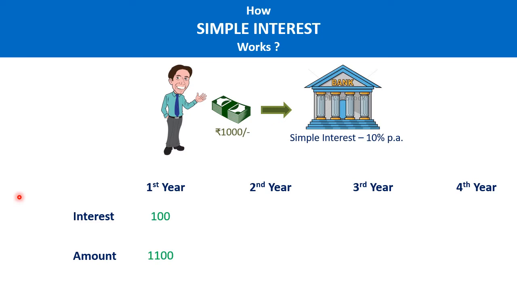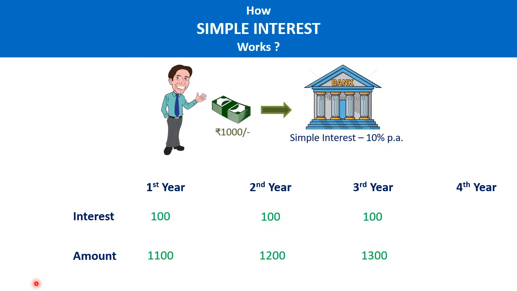Now how much interest will he receive in the second year? Again it will be 10% of this 1000, which is equal to 100 rupees, because this is simple interest. So the amount at the end of the second year will be 1200 rupees. Again in the third year he will receive an interest of 100 rupees and the amount at the end of the third year will become 1300 rupees.